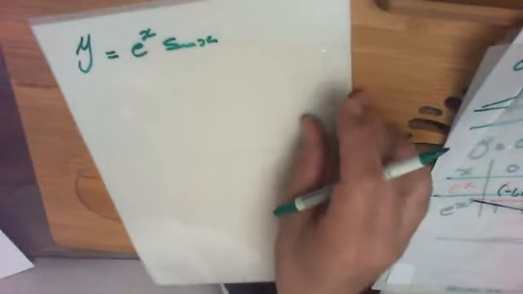E to x times sin x. You want to draw this curve. Okay? You want to draw this curve.